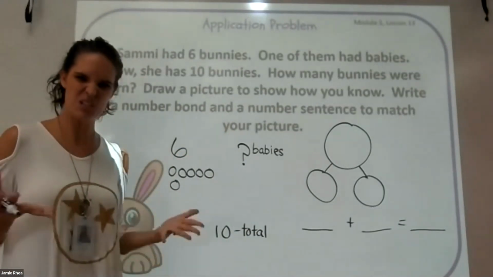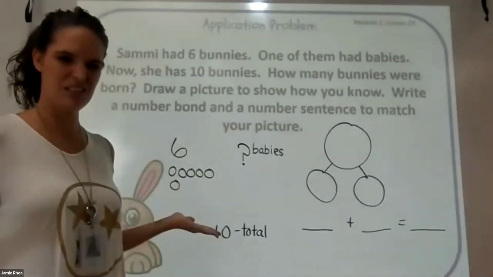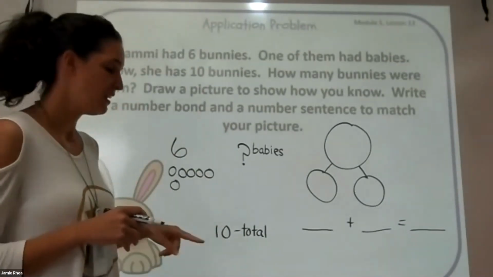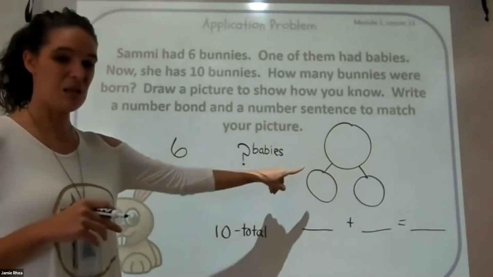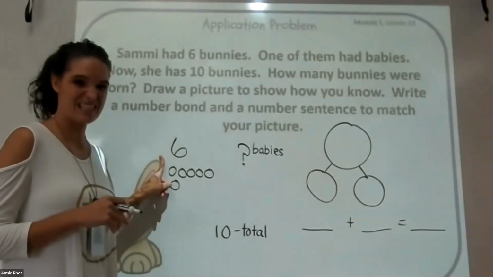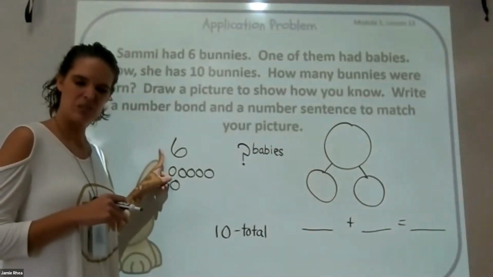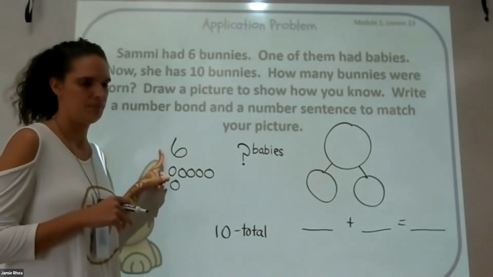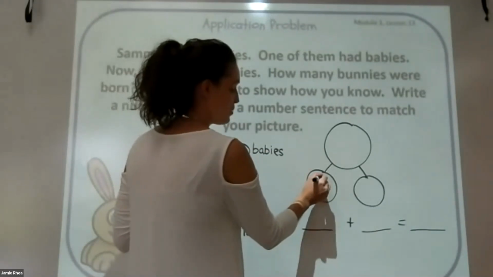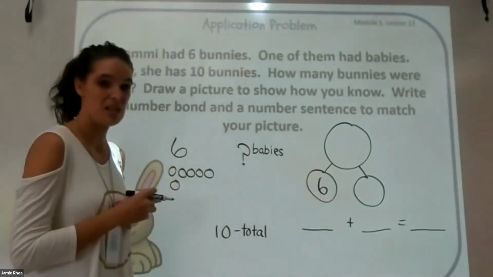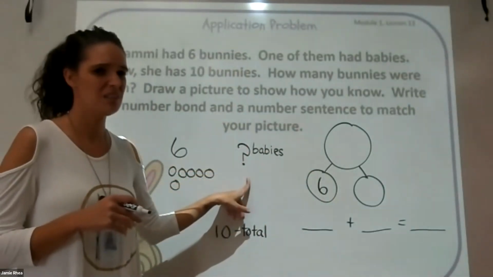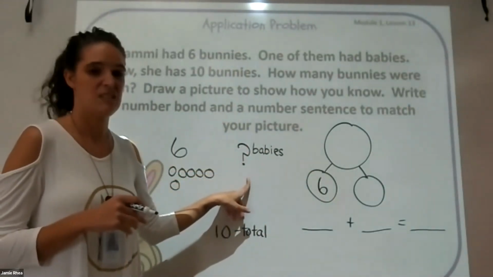So what are some strategies we've learned to figure out? You know what I'm going to do first? I'm going to take the numbers I know and I'm going to fill them in. It might help me. So I know that we have 6 bunnies. Is 6 a part or a total? 6 is my part of my equation. So 6 bunnies is what Sammy had. Do we know the other part? No, not yet.